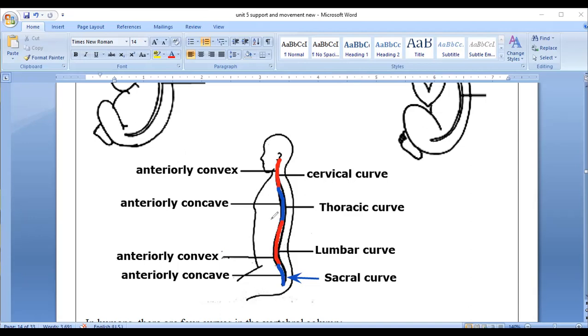So two of them are primary curves. Two of them are secondary curves. These two are what kind of curves? Secondary curves, correct? Secondary curves, because they are anteriorly convex, posteriorly concave.